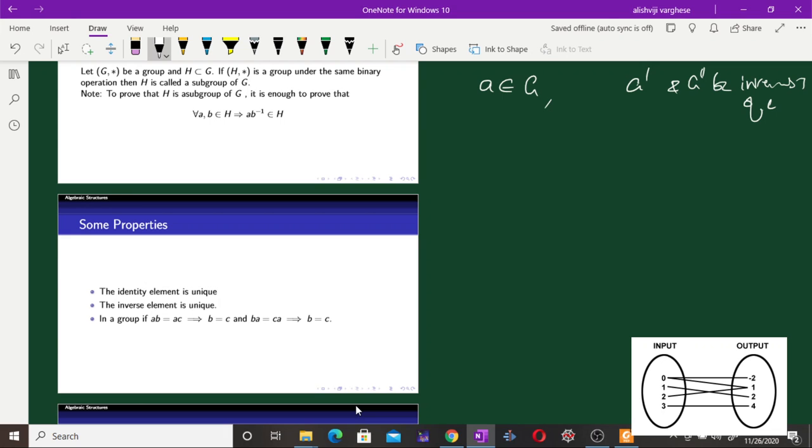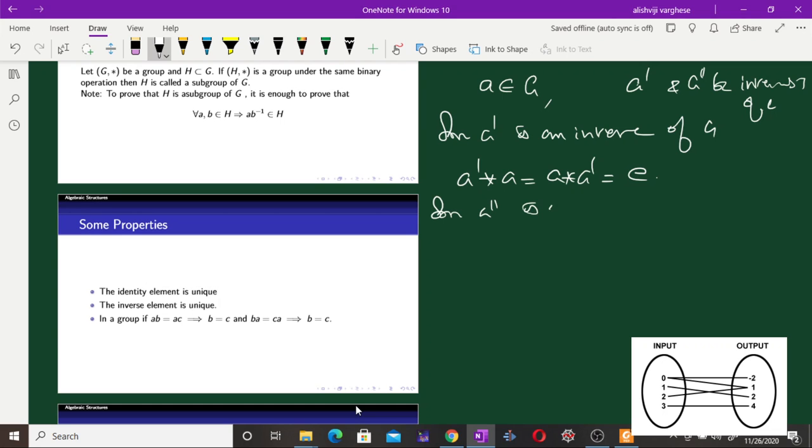Now, since A dash is an inverse of A, we have A dash star A is equal to A star A dash is equal to the identity element, and the identity element is unique. And since A2 dash is an inverse, A2 dash star A is equal to A star A2 dash is equal to the identity element.